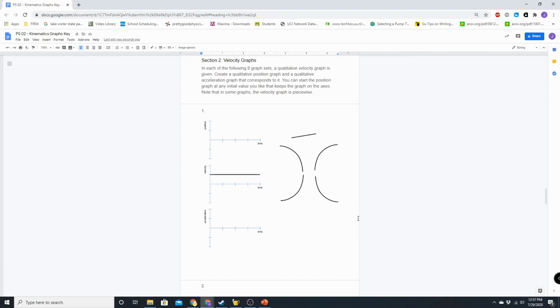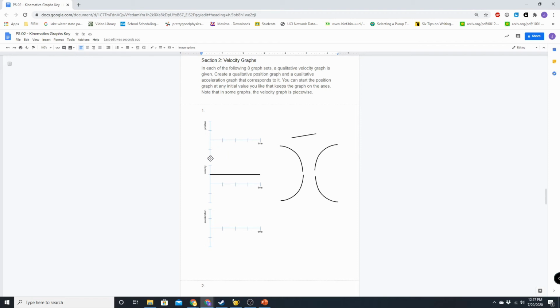Now, as we proceed, we'll get into a section where the velocity graph is given, but the acceleration graph and the position graphs are not. So there are two things we need to note here. The first is that if the velocity graph starts at a given value, that does not tell you where the position starts.